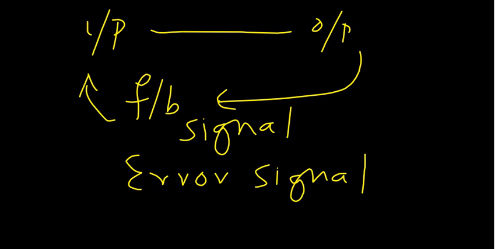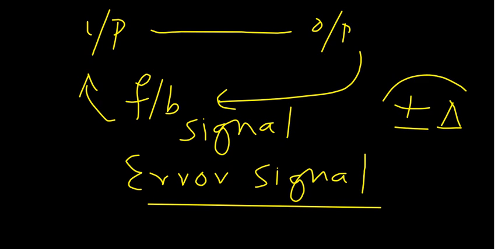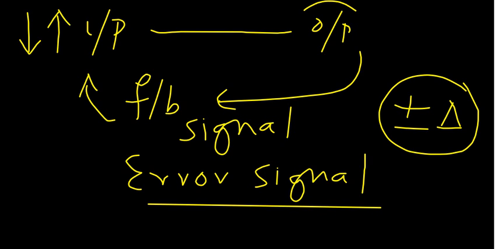But this error could be a positive error or a negative error, so we call it delta in our general convention, right? So depending upon this delta, we would be able to either increase the input or decrease the output in order to have the required outputs.